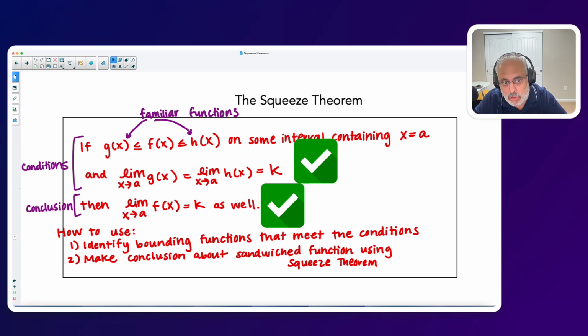The limit of the function f, the function in between, is also equal to L as well.